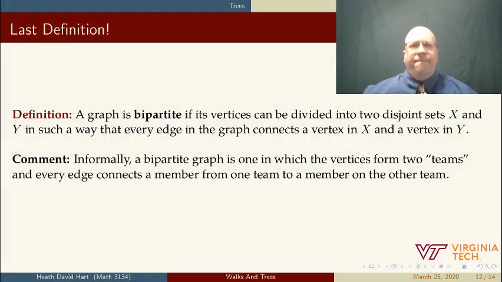Last definition. We say that a graph is bipartite if we can divide its vertices into two disjoint sets so that every edge in the graph connects a vertex in one of the sets and a vertex in the other set. Informally, a bipartite graph is one in which the vertices form two teams and every edge represents a playoff between a member of one team and a member of the other team.